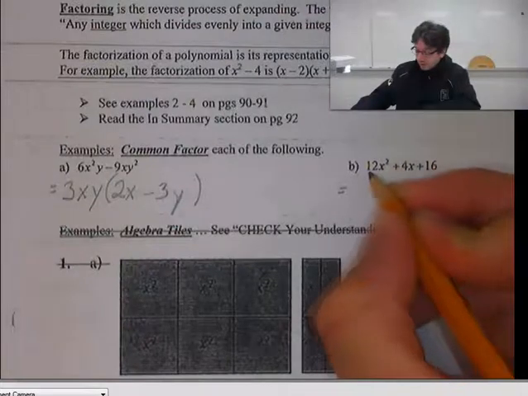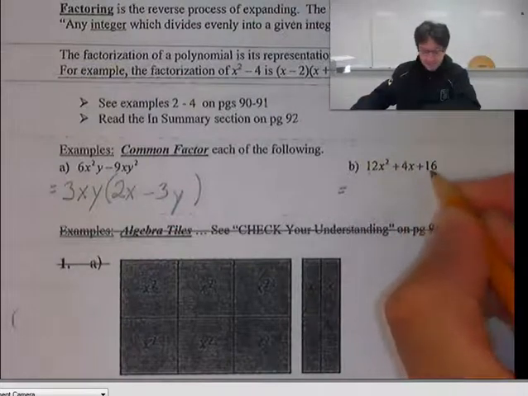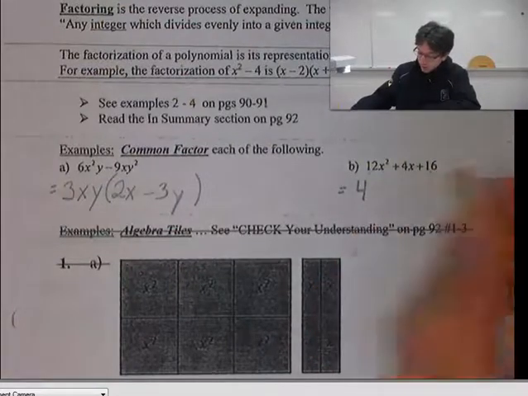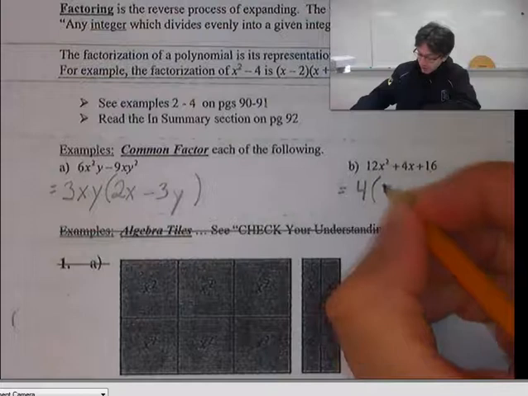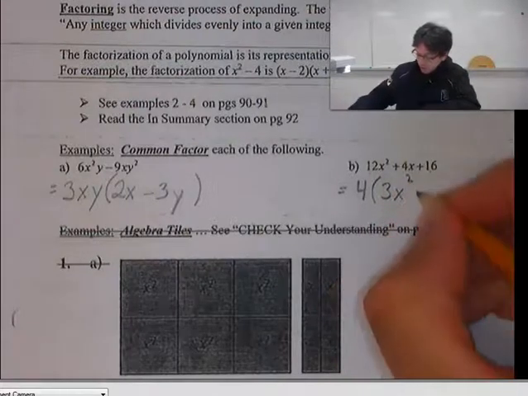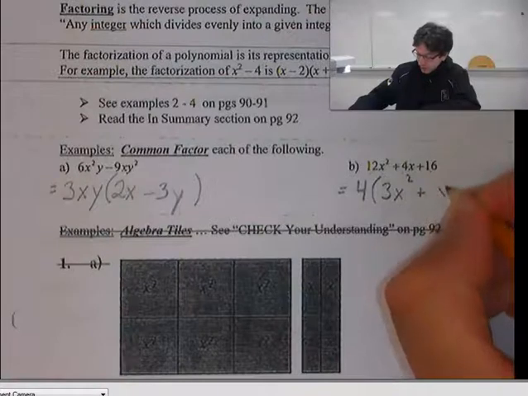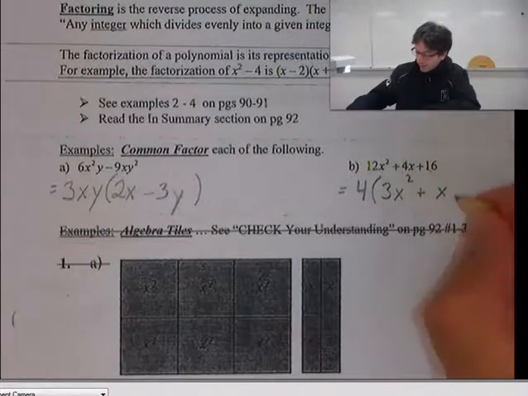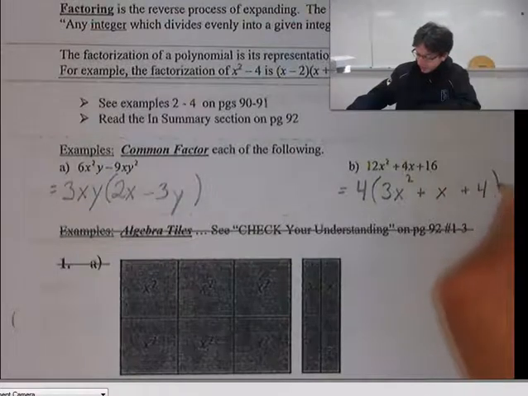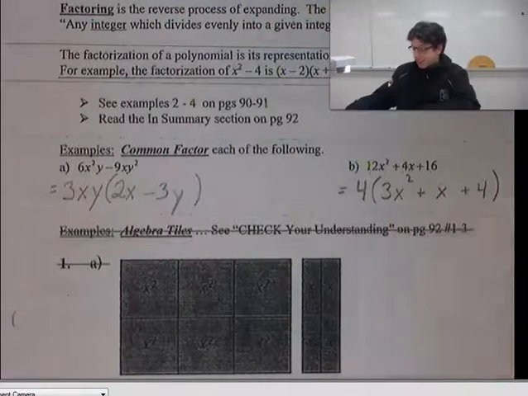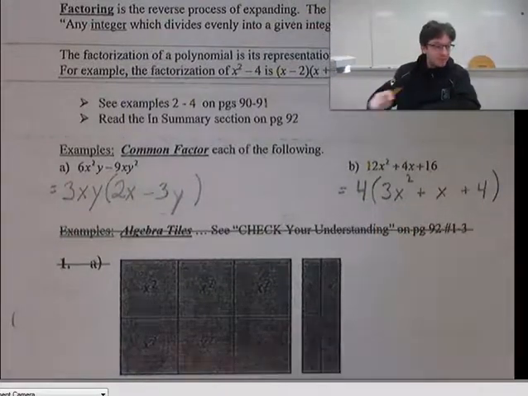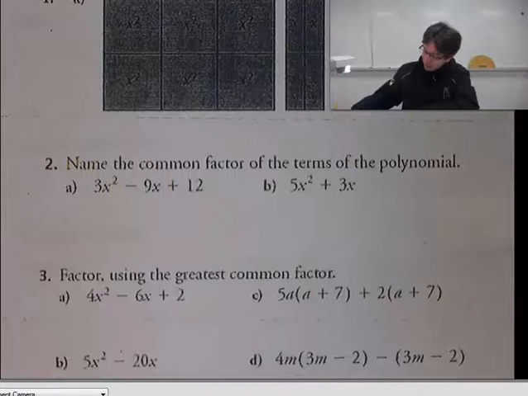However, 12, 4, and 16 all have a common factor of 4. So we can pull out a 4. 4 times 3 gives us 12. 4 times 1 gives us 4, but I'm not going to write the 1. You don't need to write 1x. And 4 times 4 gives us 16. So that's pulling out, well, it's still a tricky trinomial, but that's a lot simpler now that we've pulled out the common factor.